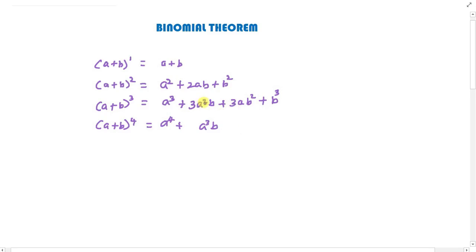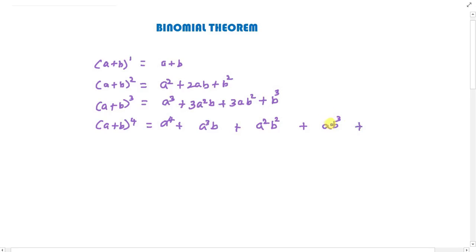And in the next term the power of a is again reduced by 1 and the power of the second term in the parenthesis is increased by 1. So the same we should do here. Plus, the power of a cube is reduced by 1, so a square. The power of b is increased by 1, b square. And then the power of a should be reduced by 1, so we will have a, and b will be increased by 1, b cube. Last, the power of a will be reduced by 1. 1 minus 1, 0.